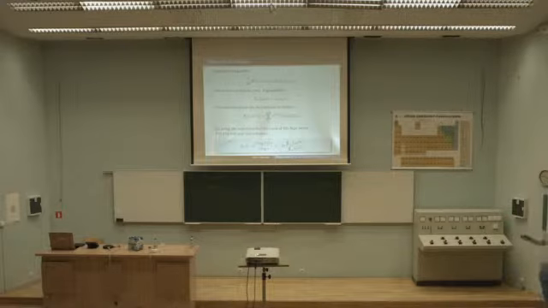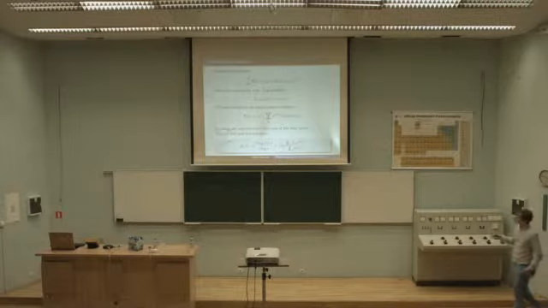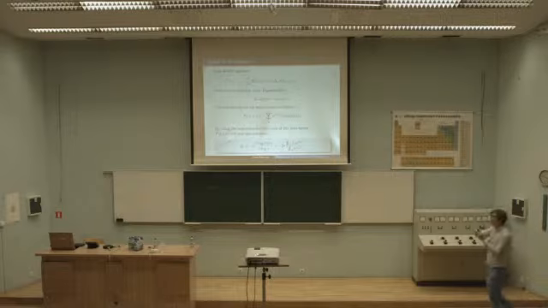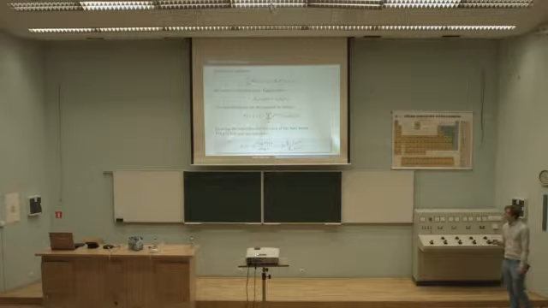Then you can study the average return probability, which is just the trace of the heat kernel, which gives you the probability density of getting back to the initial point in your random walk process.